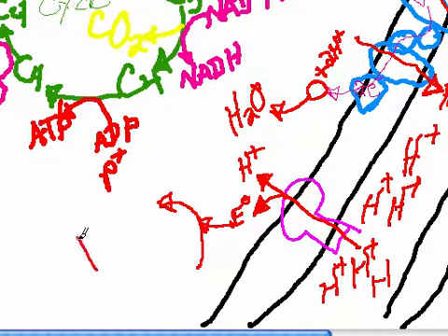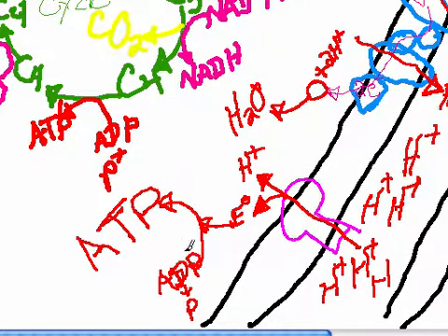From an ADP, that's really poorly drawn, and a free phosphate. So they pick up energy and they use that to make the bond between this P and the rest of the molecule ADP to form ATP, 3 phosphates attached.